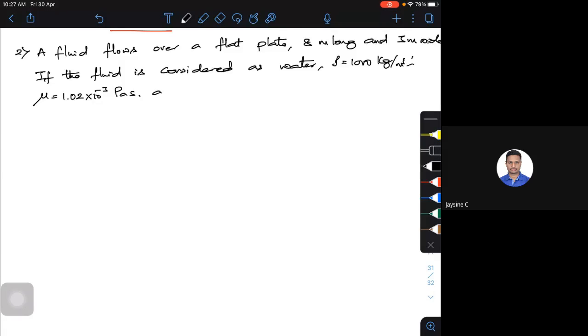At a speed of 8 meters per second, the fluid is flowing, for the following cases.